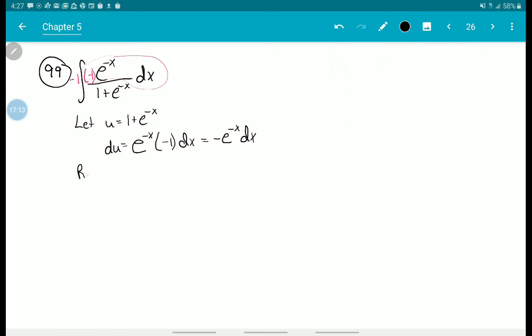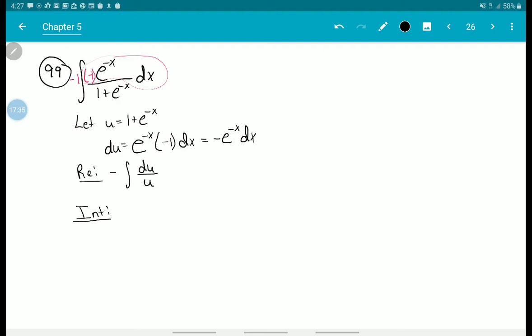So then when we do our rewrite, we have negative integral. The negative 1, e to the negative x dx, all of that circled in red is du. And then our denominator, all of that is u. So check this out. This is actually the natural log rule.